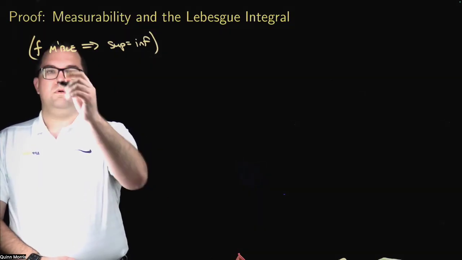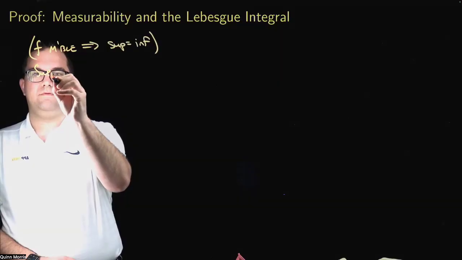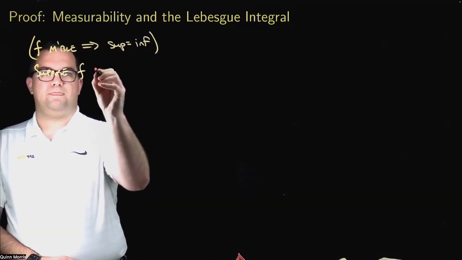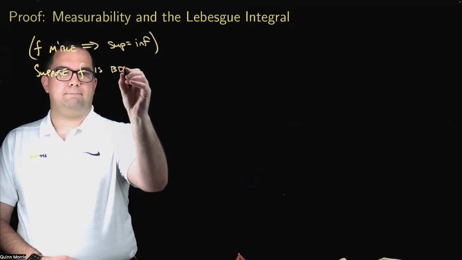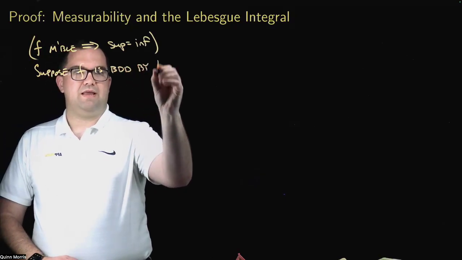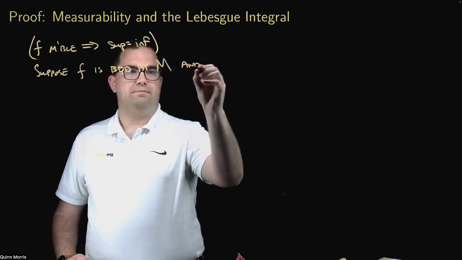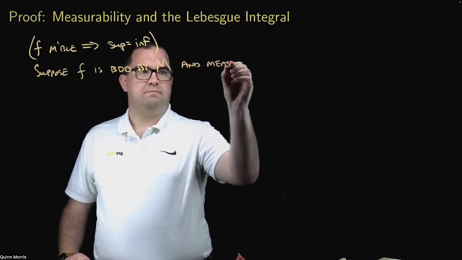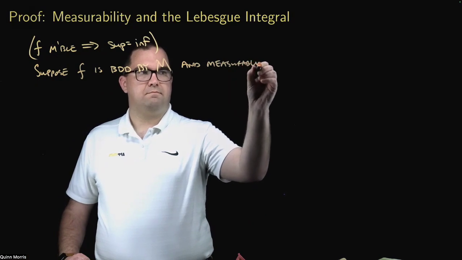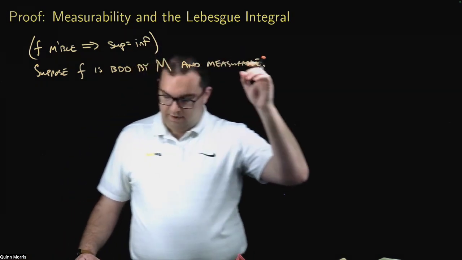Okay. So suppose f is bounded, and let's give a name to its bound, capital M, and measurable. All right.